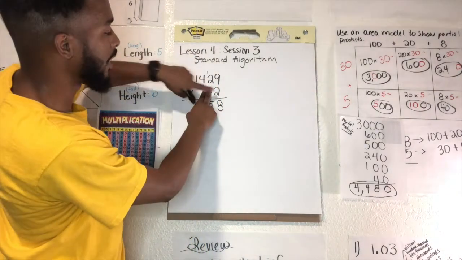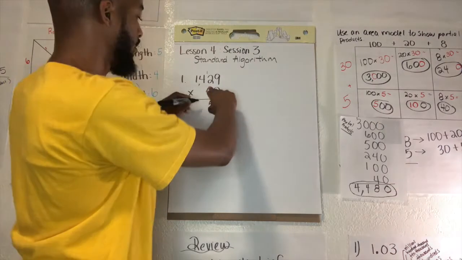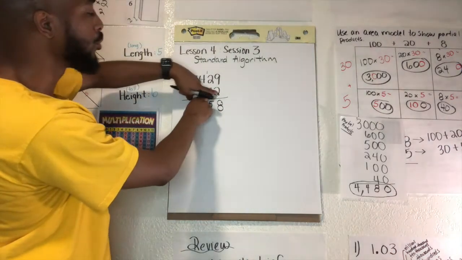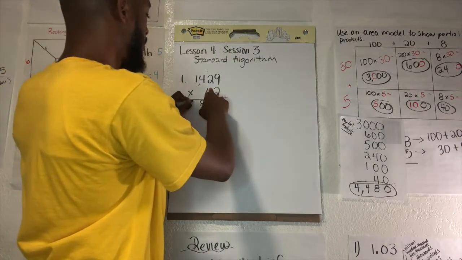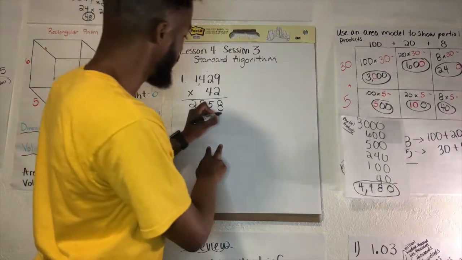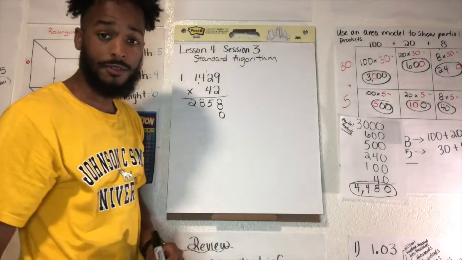Now I'm going to multiply 2 times 4 is 8. And then I'm going to multiply 2 times 1, which is 2. I'm going to drop a 0 underneath the 8 to hold my place value.